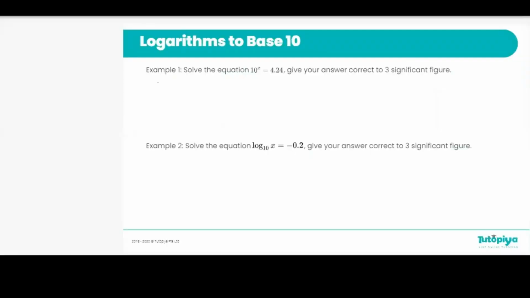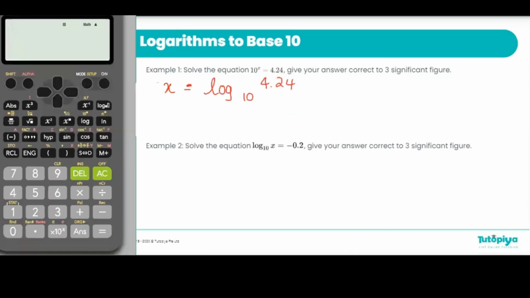We can also use logarithms to solve questions where we are not quite sure of the relationship between our base and the power. For example, when we want to solve this equation, 10 to the power x is equal to 4.24, but we want to find out what x is. To begin this question, we can rewrite this as saying x should be equal to the log of 4.24 to the base of 10. And we can solve this using a calculator.